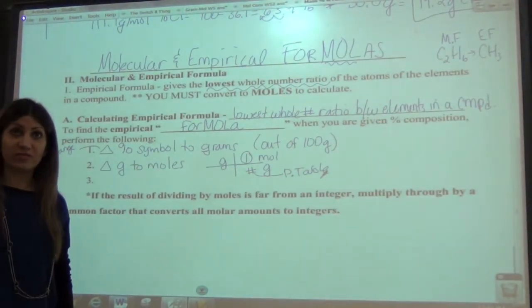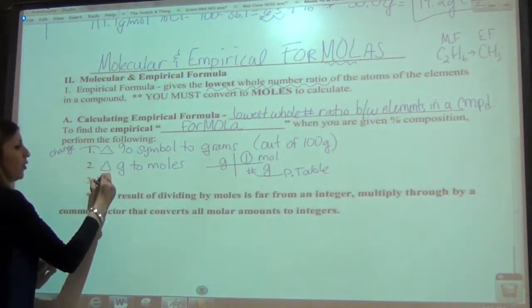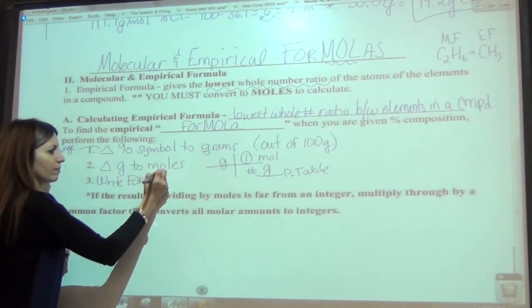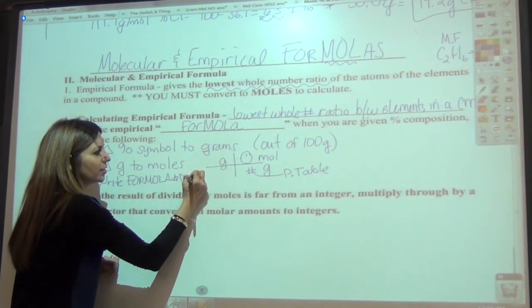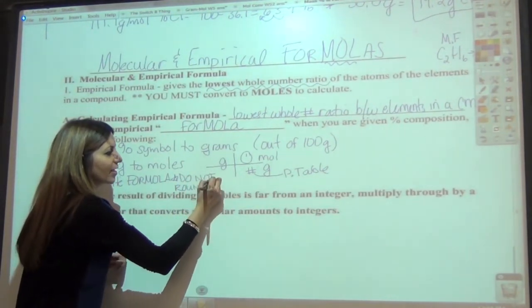Once you have your moles, the last step is kind of two-part, okay? You're going to write your formula, and I want you to write, do not round yet.